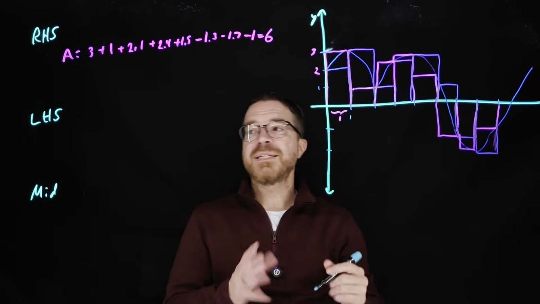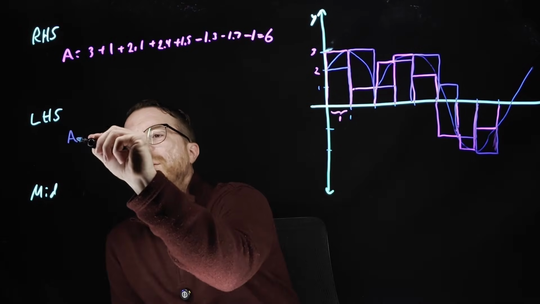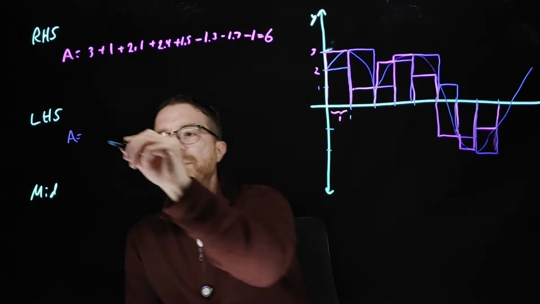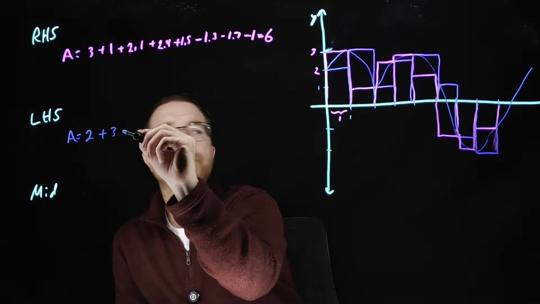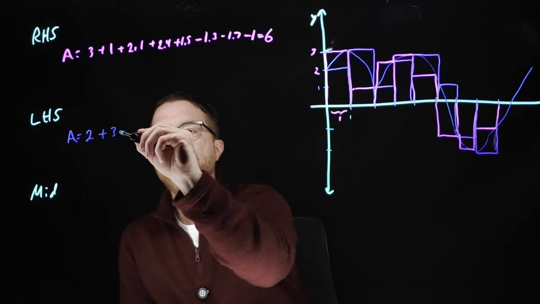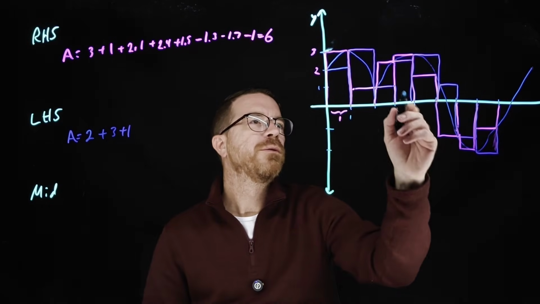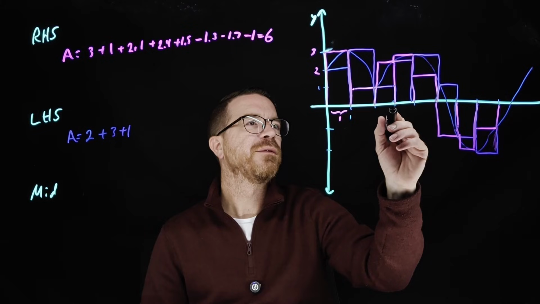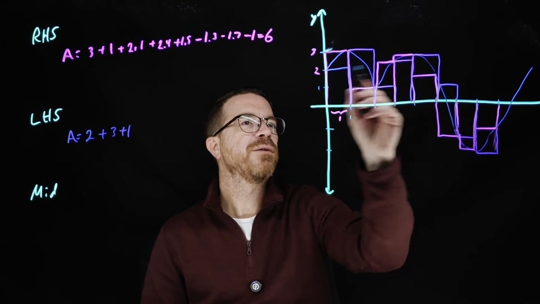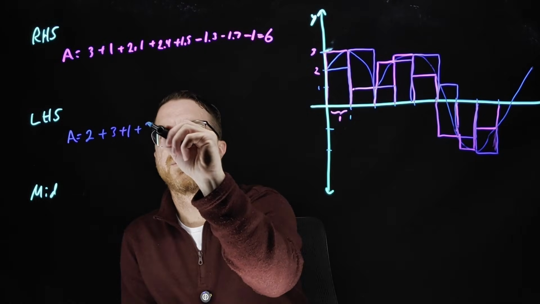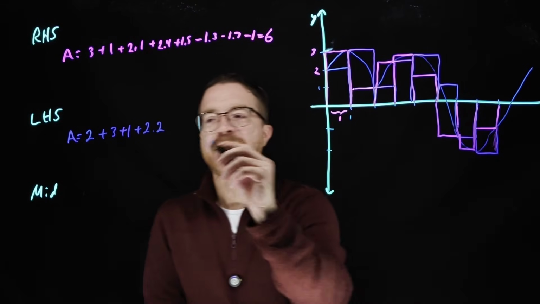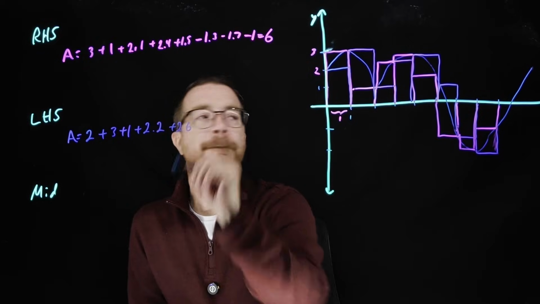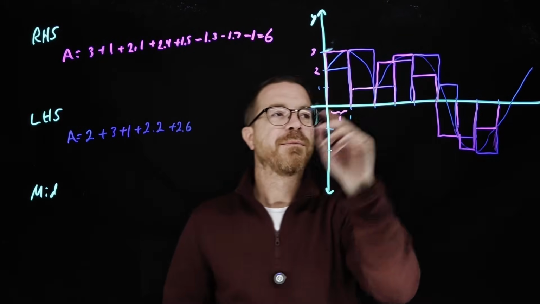So if we were to look at this then, my area would be 2 plus 3 plus 1. So on this one, I'm doing left-hand side, so I'm up to here. This one looks like about 2.2. This one looks like about 2.6. This one looks like about, I'm going to do 1 again.